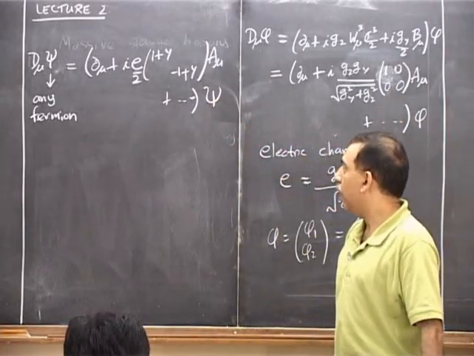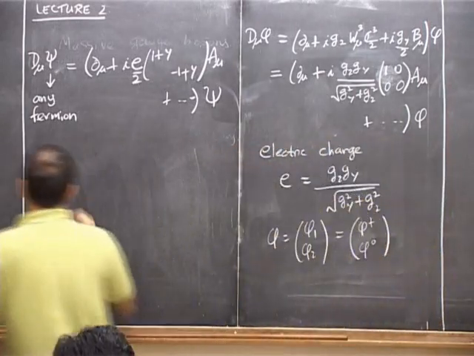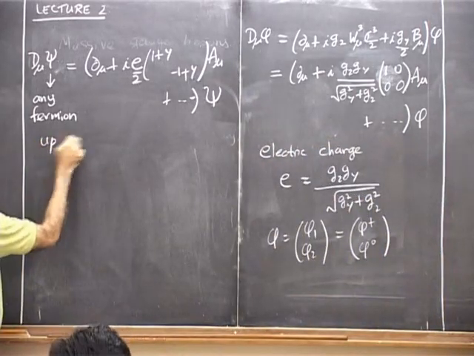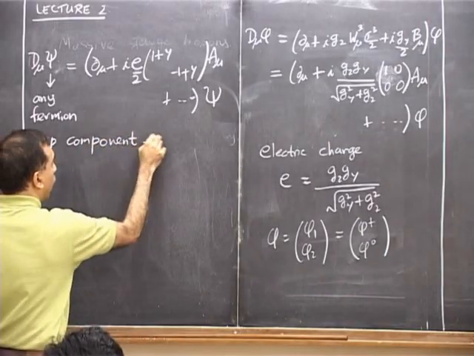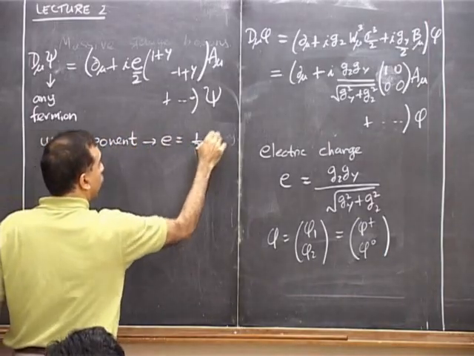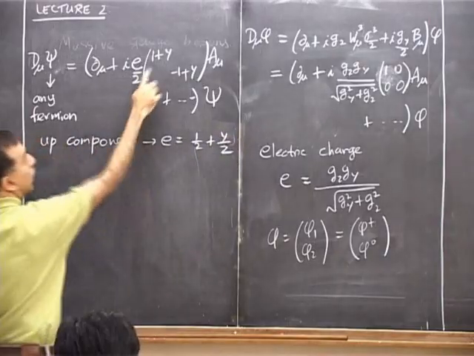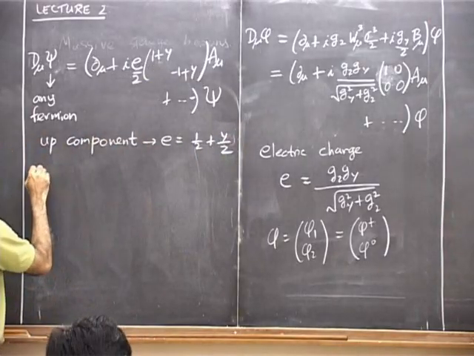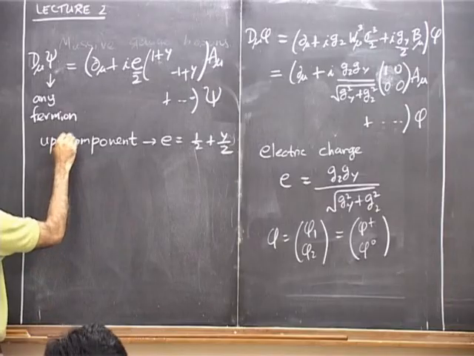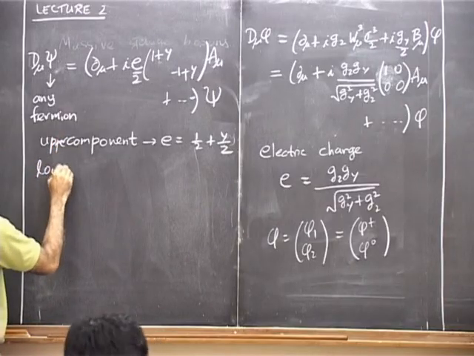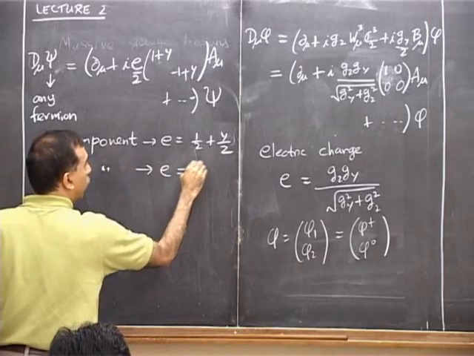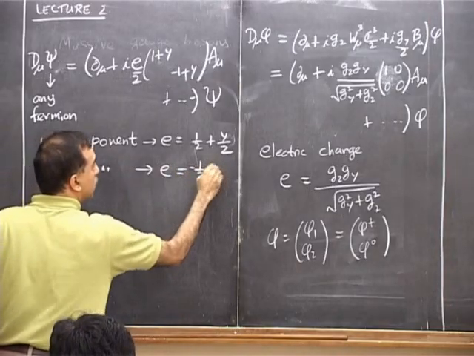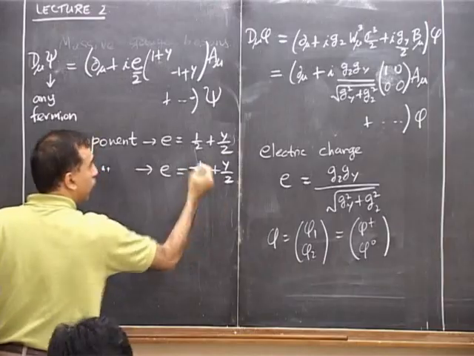Okay. So what does that mean? It means that the up component of an SU(2) doublet has E equals a half plus Y by 2. And the lower component has E equals minus a half plus Y by 2.